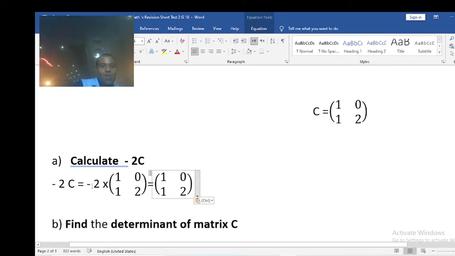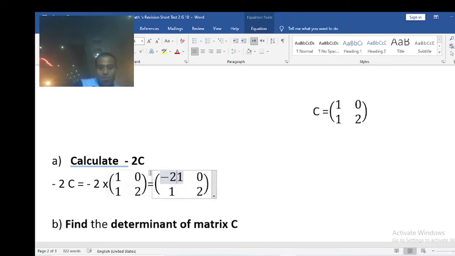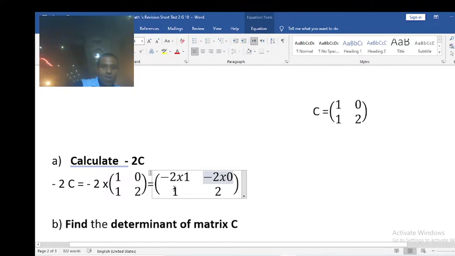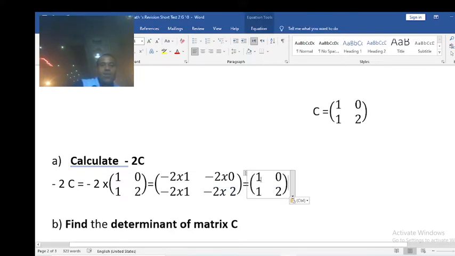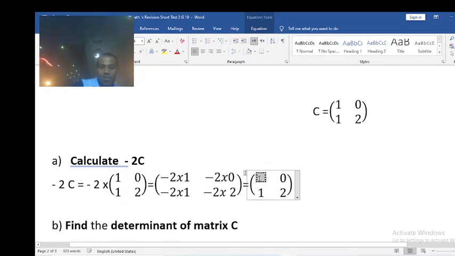Copy, I will paste here, equal. So I will make -2 multiply by 1, then here -2 also multiply by 0, then here also -2 multiply by 1, and the last one -2 multiply by 2. Then just calculation. -2 by 1 is -2, because negative multiplied by positive gives negative.